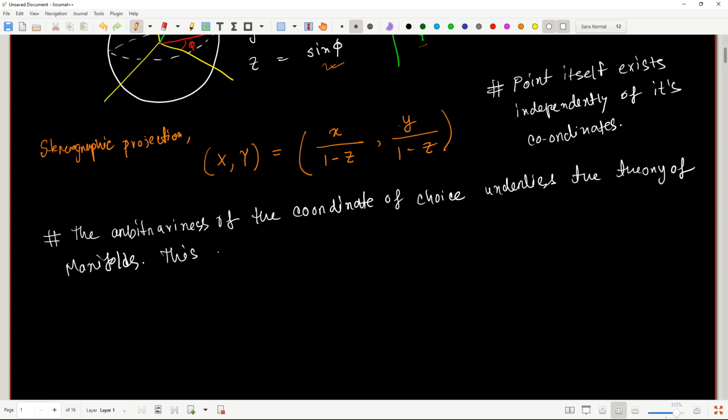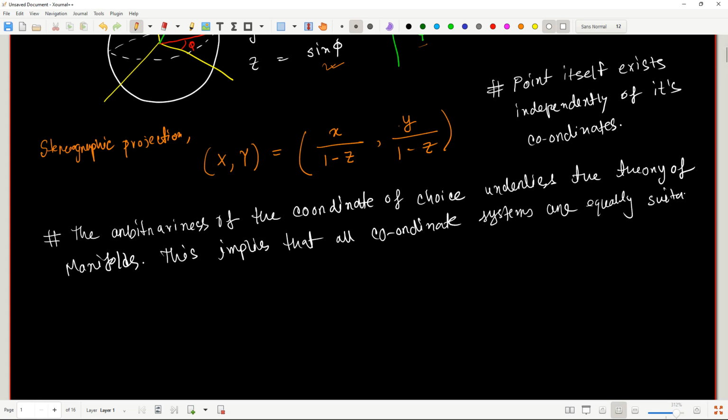This implies that all coordinate systems are equally suitable for describing a single point or a single phenomenon.